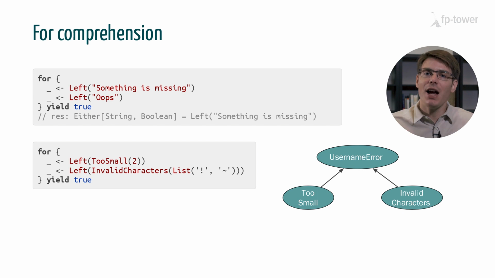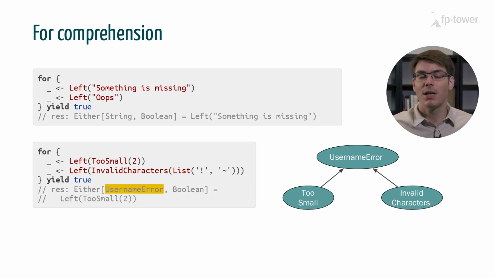Now, if the eithers inside the for comprehensions return different error types, for instance too small and invalid characters, then the resulting either will have an error type of username error, because it is the closest common parent of too small and invalid characters. This closest common parent is also called the least upper bound, or LUB.